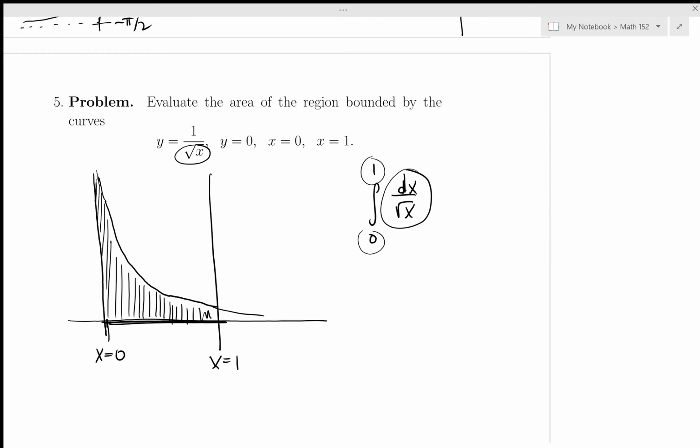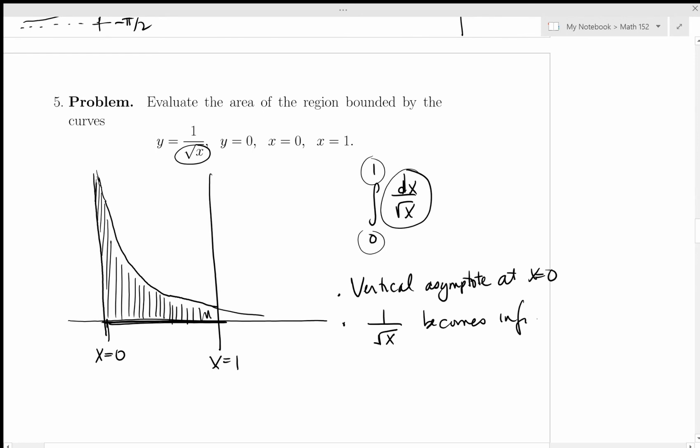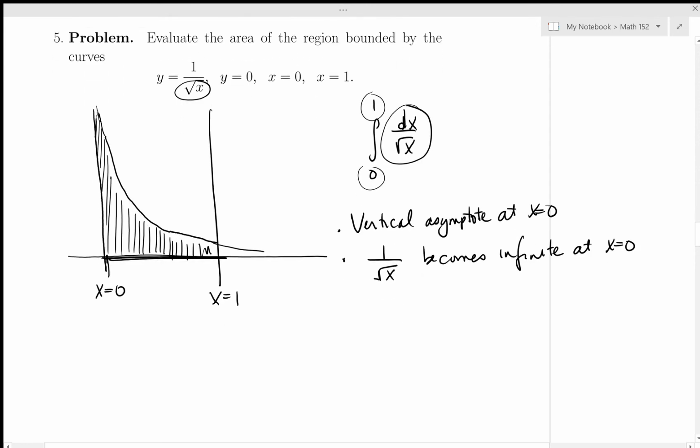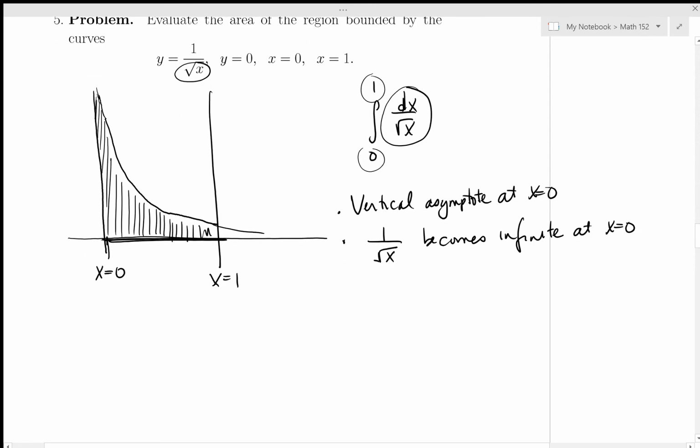So here, there's a vertical asymptote at x equals 0. That means 1 over square root x becomes infinite at x equals 0. This is a problem that we must address. Let's see how we do that. It's very similar to what we did before, just harder to recognize the problem when you first observe the integral.